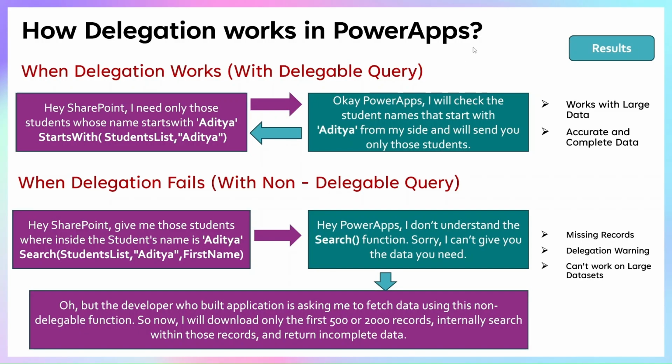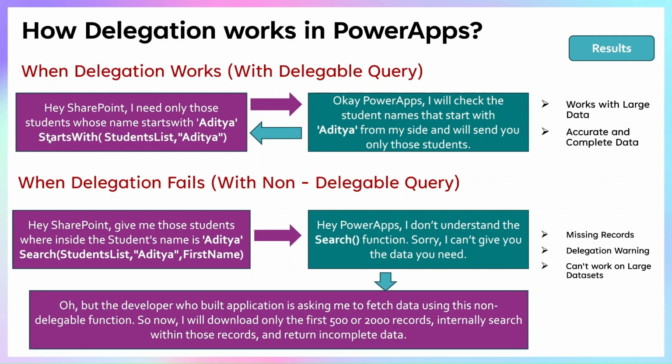Now this is the main diagram where you will get the full idea. So here, first, is the communication between Power Apps and SharePoint with a delegable query. Here Power Apps is asking SharePoint, hey SharePoint, I need only those students whose names start with Aditya.